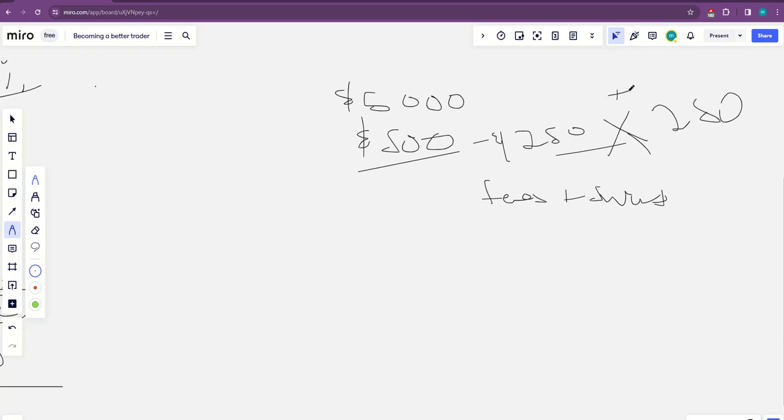So when they add your real loss plus the fees plus swaps, then you have lost $500. I don't understand why they do this, because these are demo accounts anyway, but it is what it is. So that's one thing you have to know.